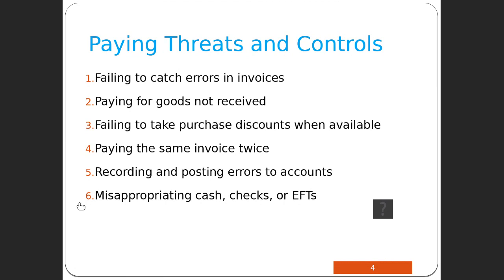You should have lock boxes. You should have the checks under lock and key, and nobody should have access to these items other than those people who are handling them and who are responsible, and the work should be reviewed. All of those techniques we studied about misappropriation of cash, checks, or electronic fund transfers also apply here, because cash and checks are liquid items. If they're stolen, the company could suffer huge losses.